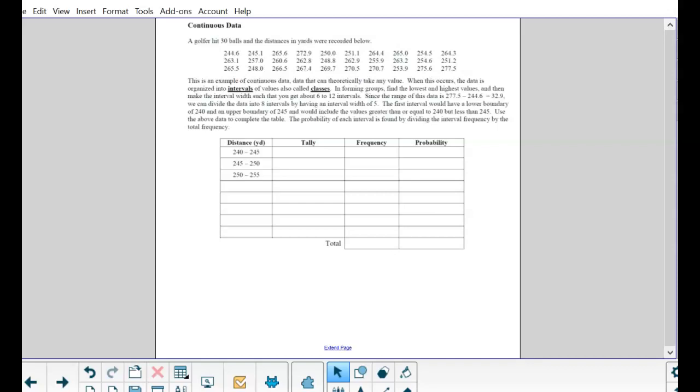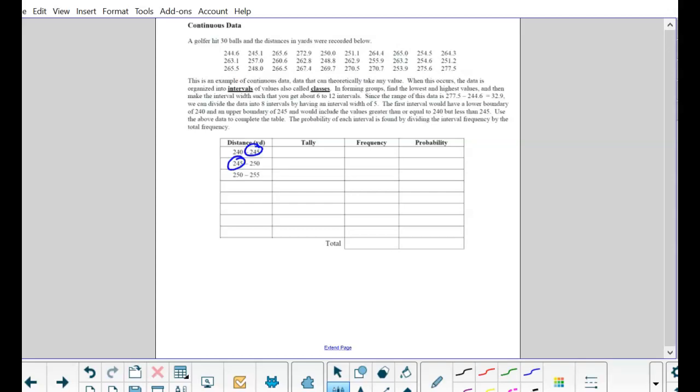So first interval would have a lower boundary of 240, an upper of 245, and would include the values greater than or equal to 240, but less than 245. Sometimes it will show you what it's less than. In this case, you'll notice here that this is repeated twice.